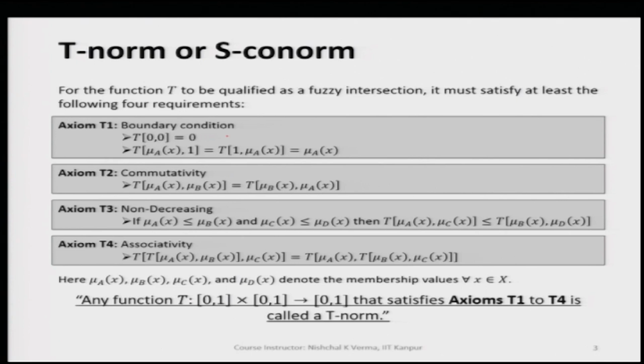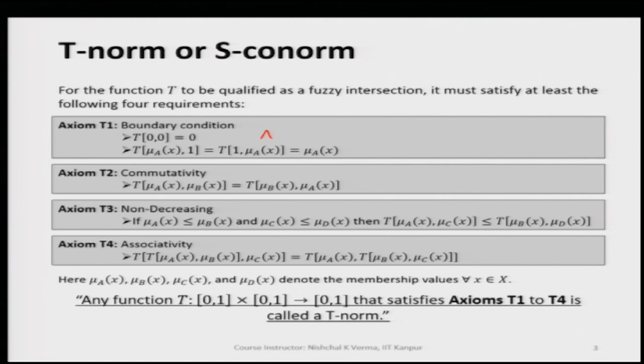So, if we apply the T norm on two membership values, here both 0, the lowest values, it is going to return 0, which is again a membership value.